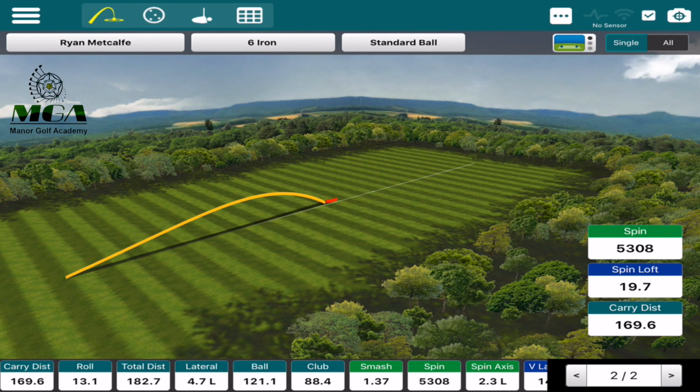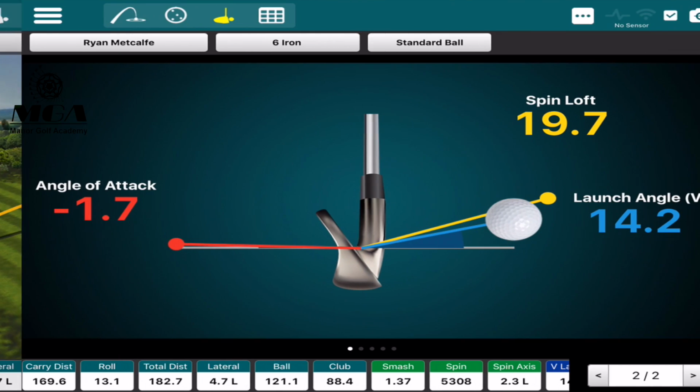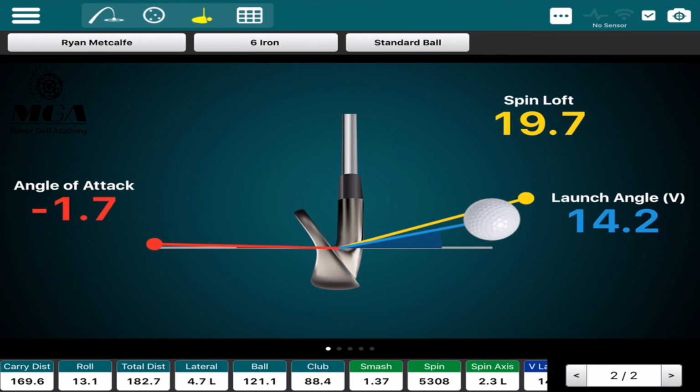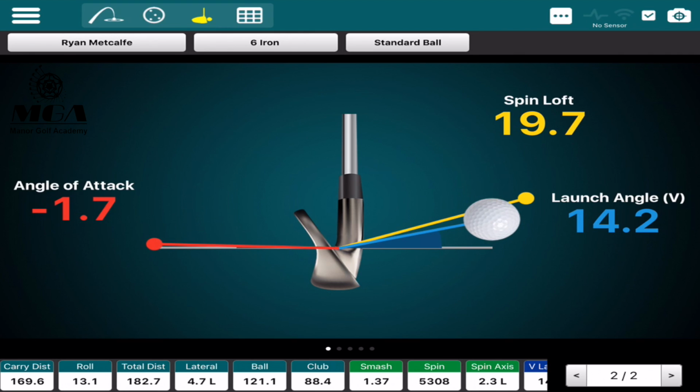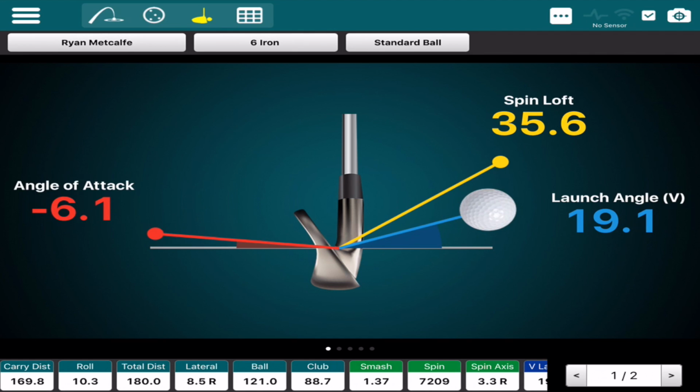We've got a considerably lower spin loft, and a lower launch angle as well: 14.2, whereas with the first shot we had 19.1. So if you've got a lower launch and a lower spin rate, your shot is not going to be as affected by the wind. The launch isn't as important as the spin rate, but it is a factor. So a nice low launch, nice low spin rate.